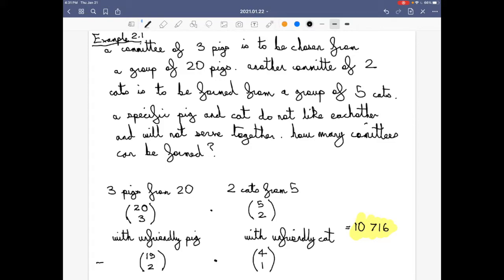Well, how many committees have the unfriendly pig on them? Or how many pig choices include the unfriendly pig? Well, if we automatically include the unfriendly pig, there's 2 spots left and 19 friendly pigs to fill them. So that means there's 19 choose 2 pig committees including the unfriendly one.